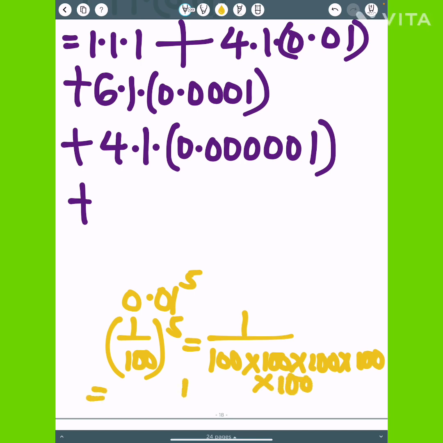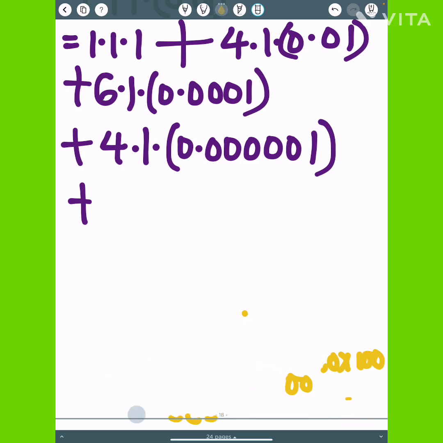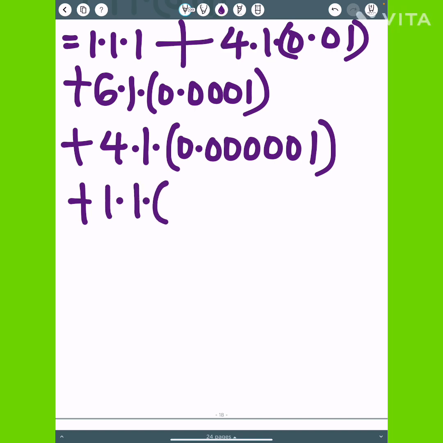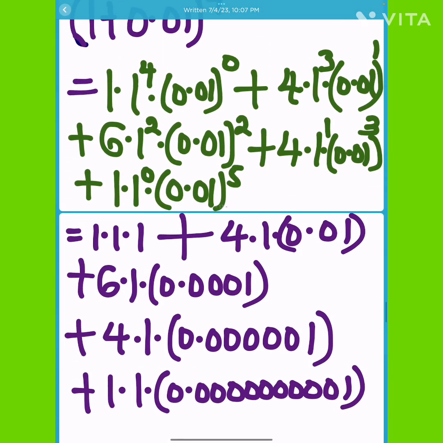So that gives you 1 over 1 followed by 10 zeros. That means you will have 9 zeros before the first one. Take note of that. So that gives you 0.000000001. That's our value for the fifth term.